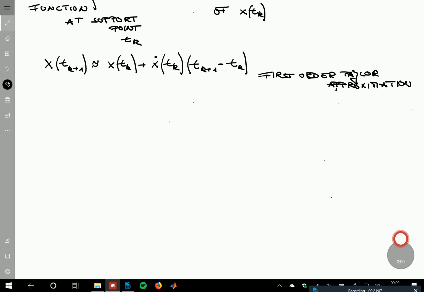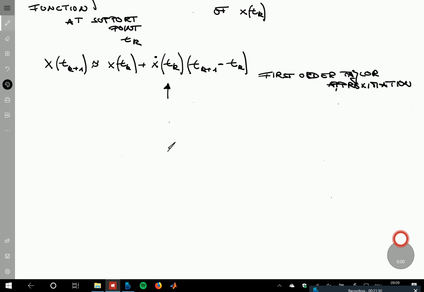So the idea is to use this first order Taylor approximation to find this x at t_{k+1}. The good thing is that this is just a first order Taylor approximation, but we know more already.